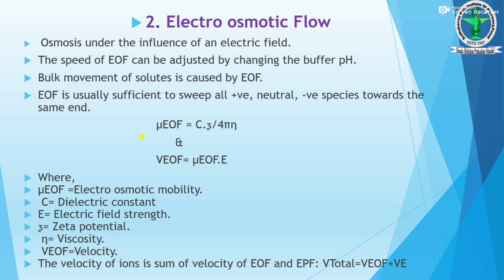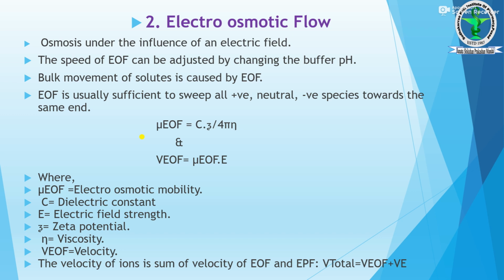Electroosmotic flow: osmosis under the influence of an electric field. In electroosmotic flow, osmosis is under the influence of an electric field. The speed of electroosmotic flow can be adjusted. We can adjust its flow. The speed of the EOF can be adjusted by changing the buffer pH. We can adjust it by changing the buffer pH too. Bulk movement of solute is caused by EOF.